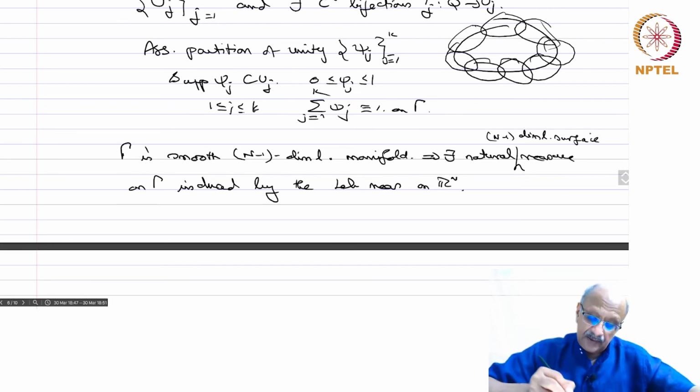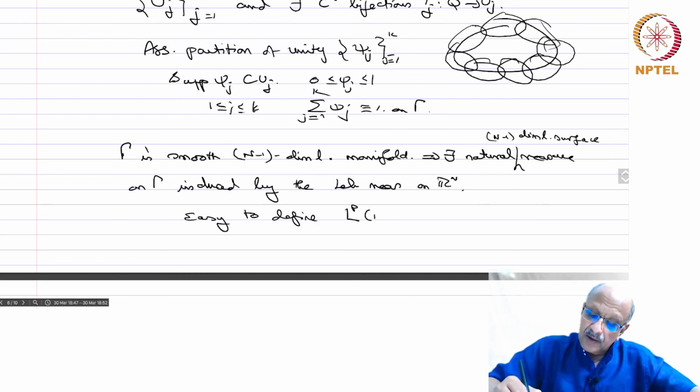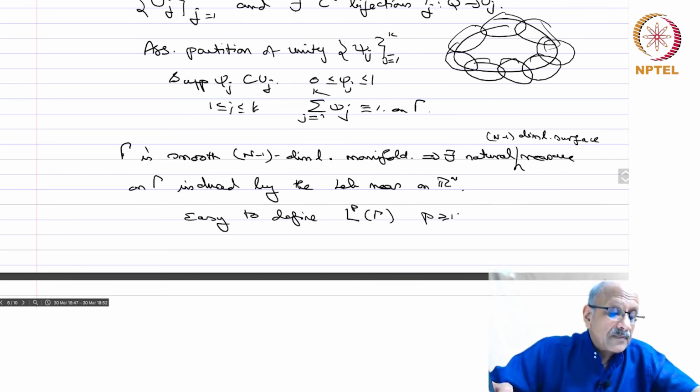Therefore, it is easy to define Lp of Gamma for p greater than or equal to 1.